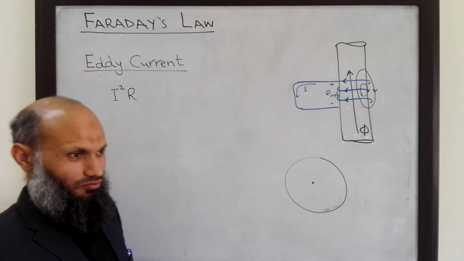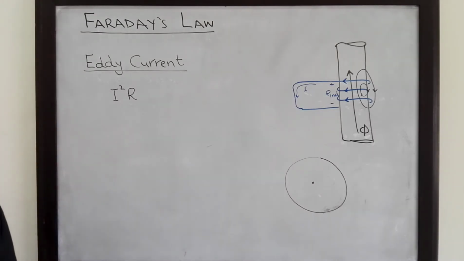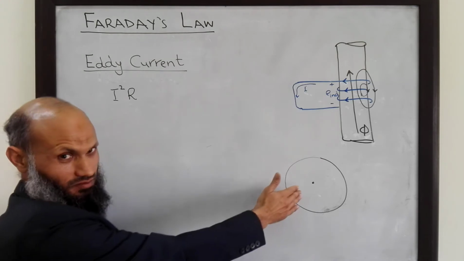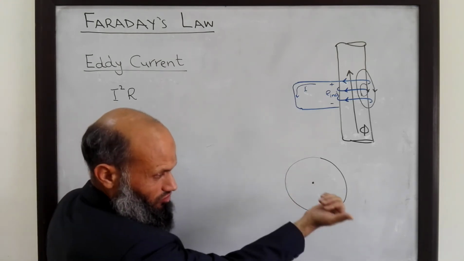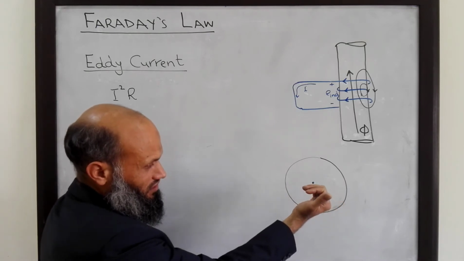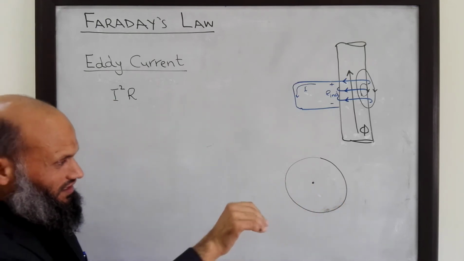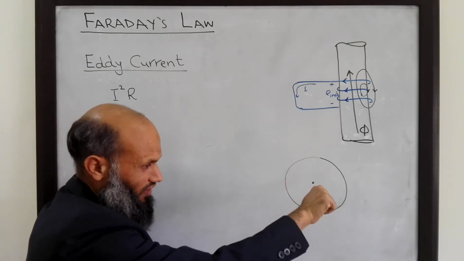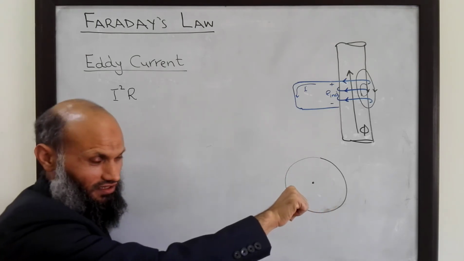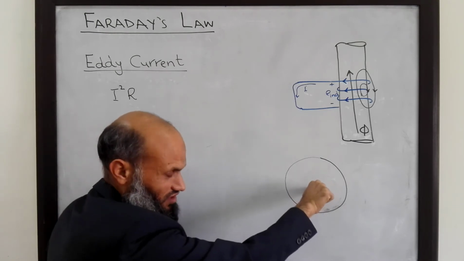That is, the polarity of induced voltage will be such that it will oppose the cause producing it. The cause producing this voltage is this flux, which is outwards, and the induced voltage will be such that if current flows due to the induced voltage, the flux produced by that current will be into the surface, upward.